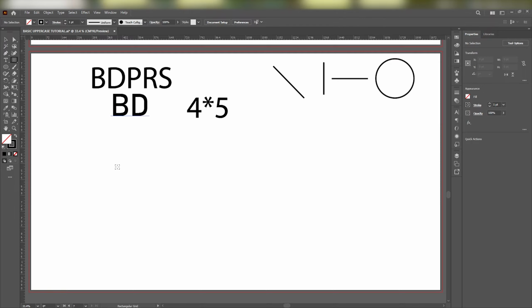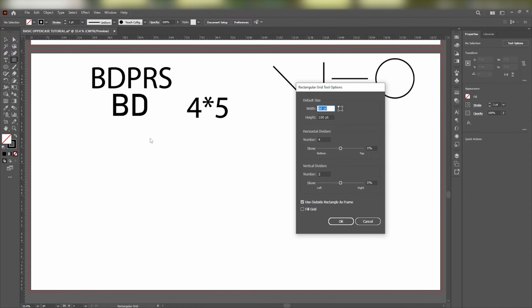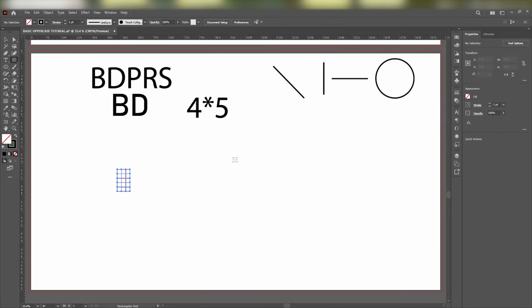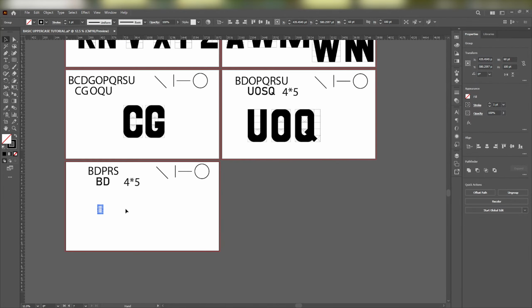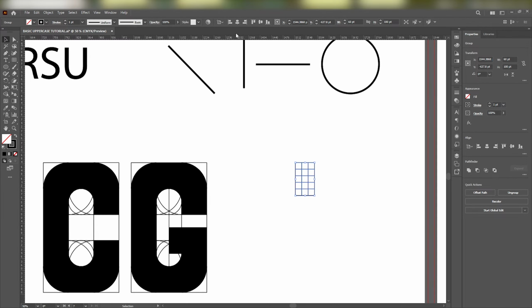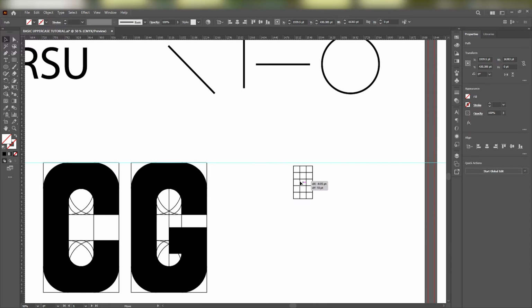Today's basic is, now there are smaller letters, so we only need 3x5 grids. We need 2 of it. You know, I like to make things orderly, so allow me to get my measurements properly.